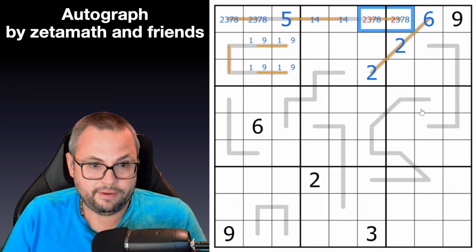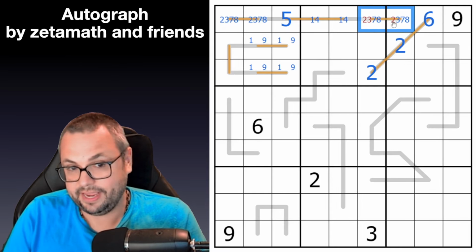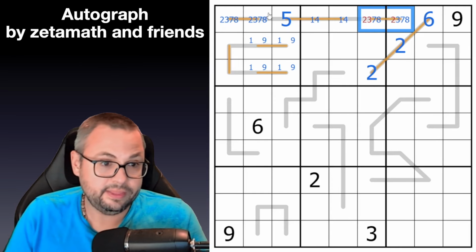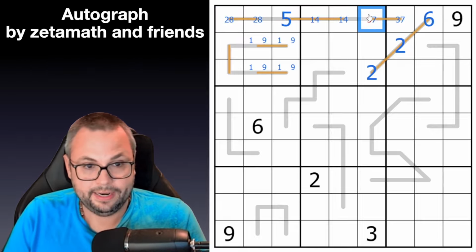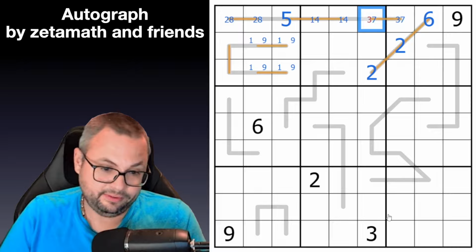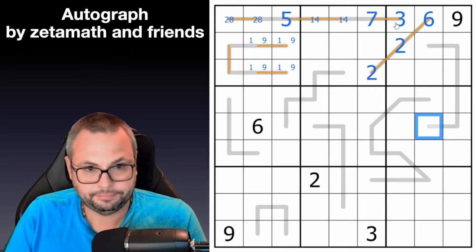And now, in fact, these can only be 3, 7 because they can't be 2, 8 anymore. So these are the ones that are 2, 8 for the row. And now, actually, that has to be the 7 because of the given 3, and that has to be a 3. Okay, so we've got all of that.